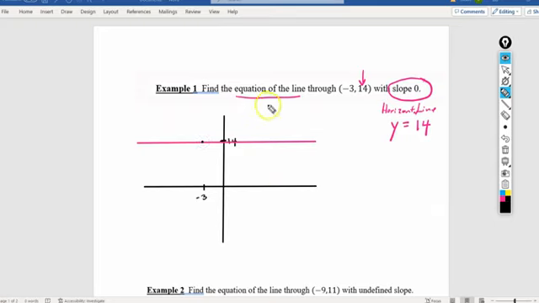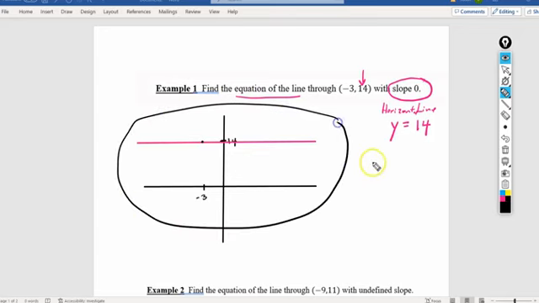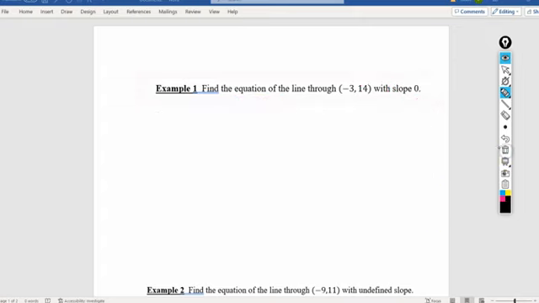So this question could have also been asked, like if you're just given this graph and you're asked what is the equation of the line. You can see that it's a horizontal line, and horizontal lines have equation y equals, and the y value is where it meets the y-axis.